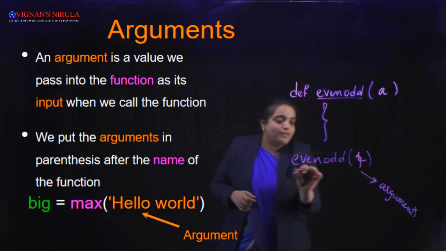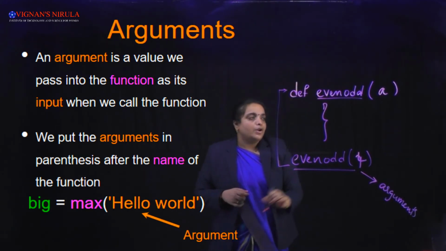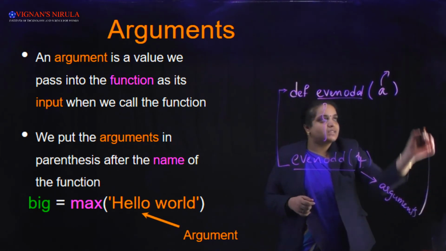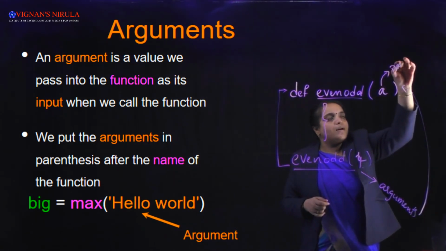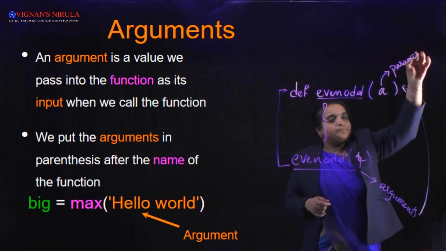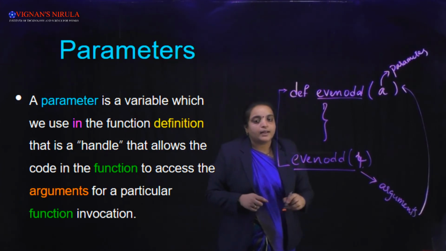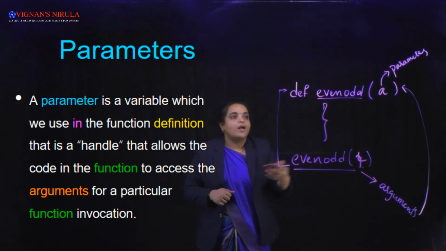So this is the function which you are invoking. Then it will move to the function where you will have the parameter. So you will pass this argument as parameter to the invoked function. So you call this one as parameter. Is that clear? Here, what is a parameter? Parameter is a variable which you use in the function definition.